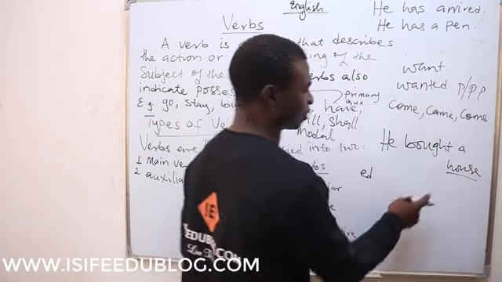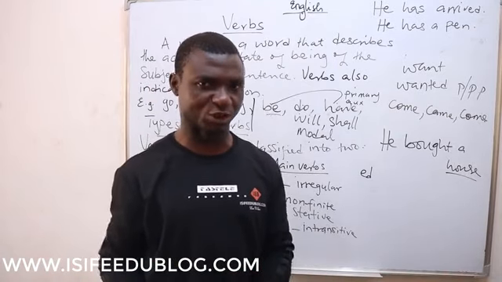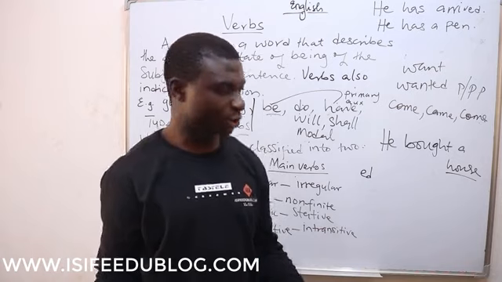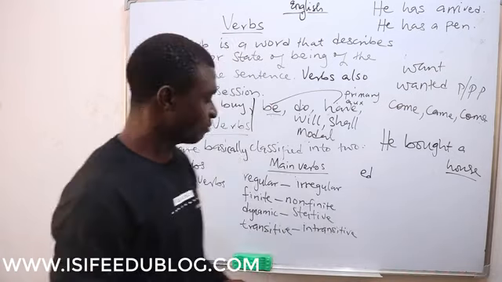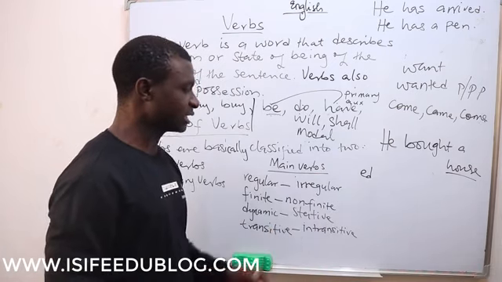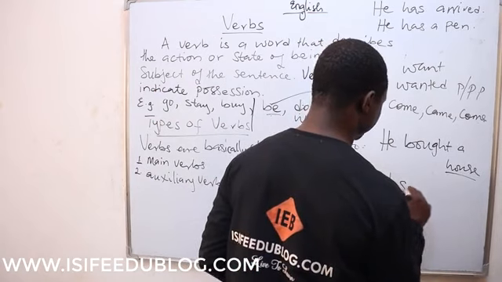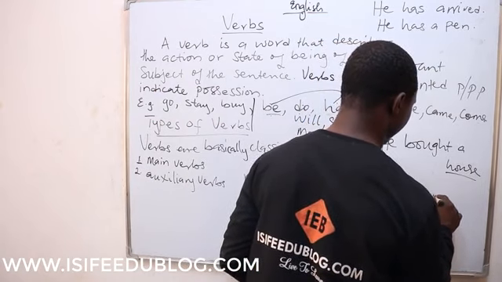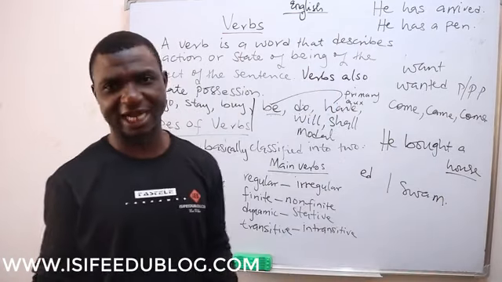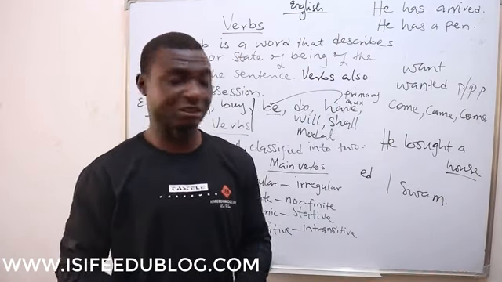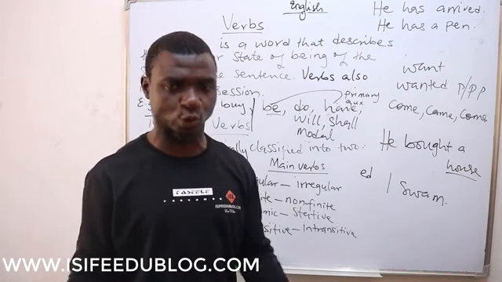So you see that if we don't add a house to this sentence, "he bought" might not express a full-fledged meaning. He bought what? So we need the house to complete the meaning of the verb. But in an intransitive verb, we don't need it. "I swam." I do not need to add a river, except you want to mention the exact river or stream that you swam in.